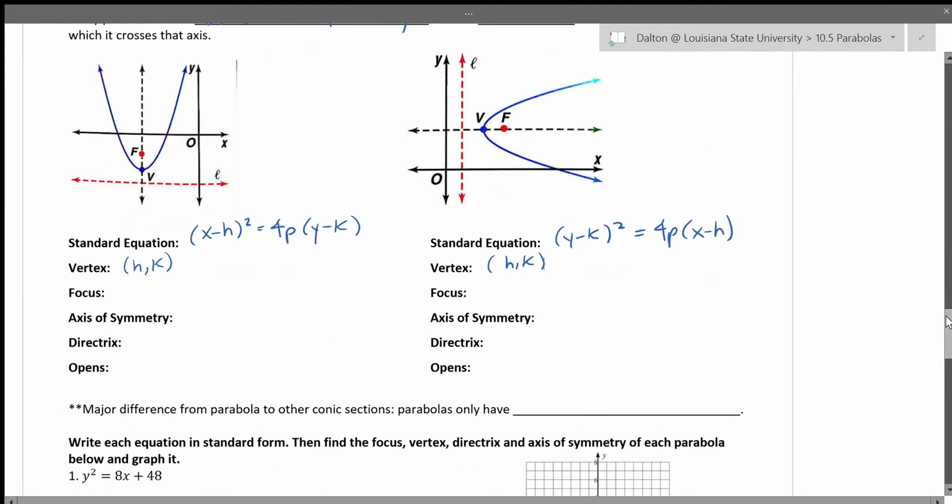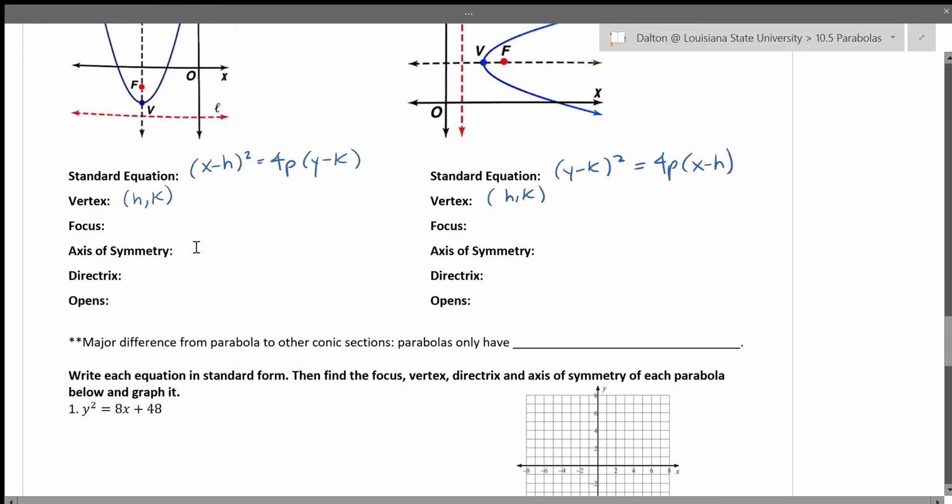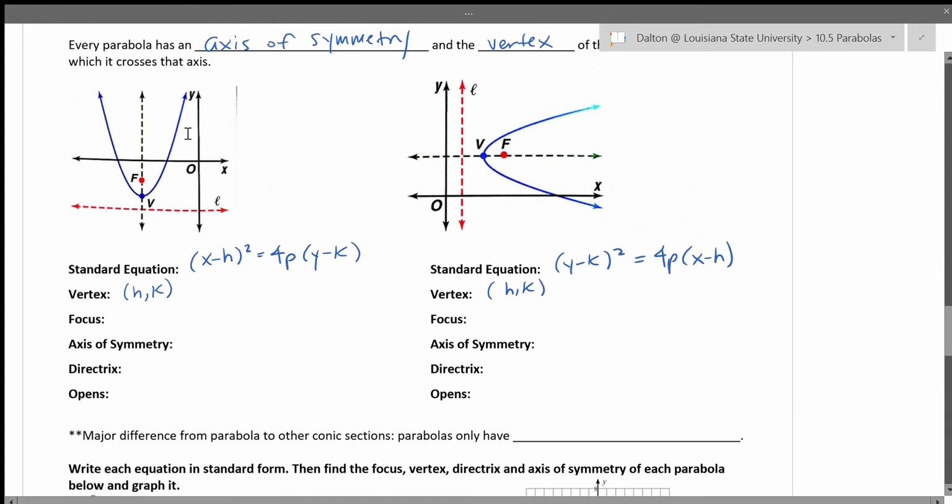Now, other details. We're not used to graphing other things besides the curve, the parabola U-shape itself. But in this section, we're going to add a focus point onto our picture. Now, what do you notice about the focus in this parabola here to the left? What do you notice about the focus and the vertex? Are they going to share the same x coordinate or the same y coordinate?